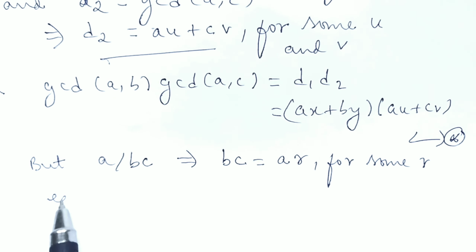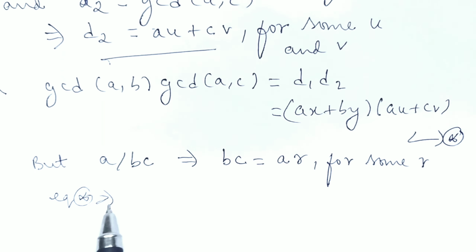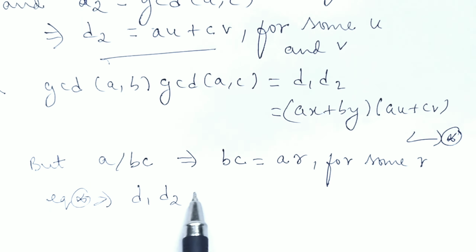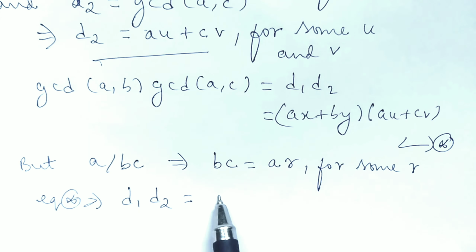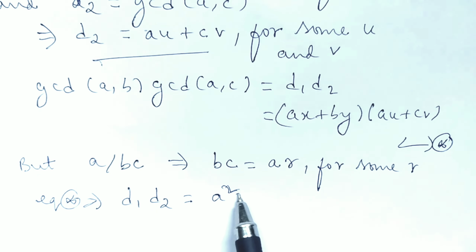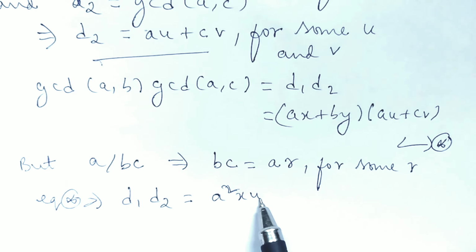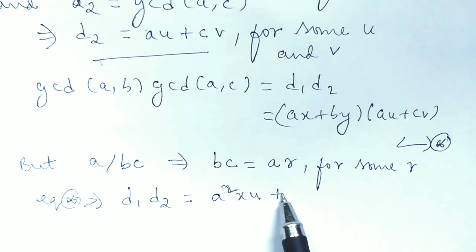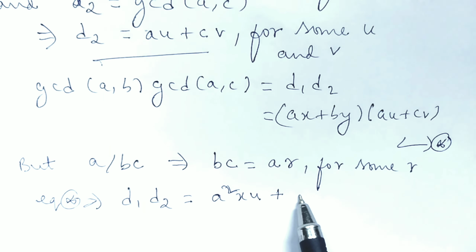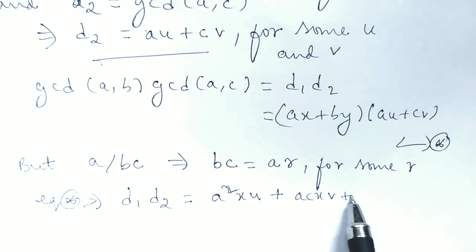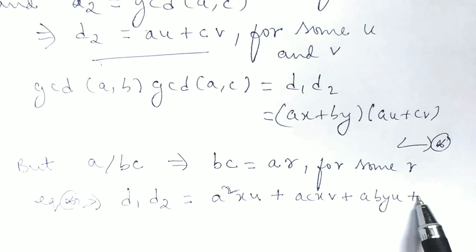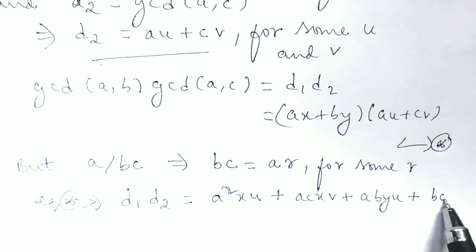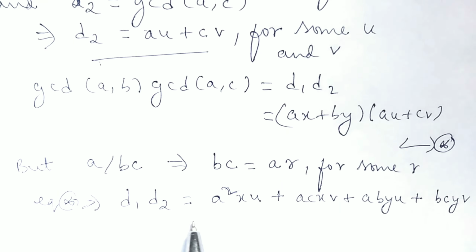From equation star, we have D1 times D2 is equal to, multiplying out, A squared XU plus ACXV plus ABYU plus BCYV.